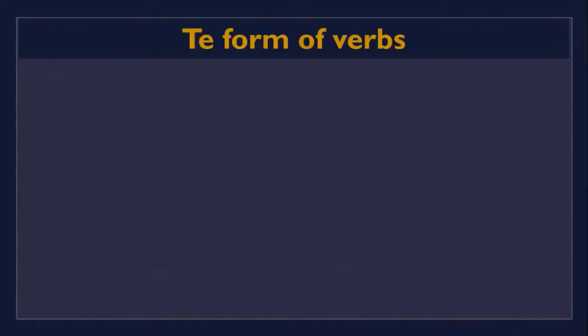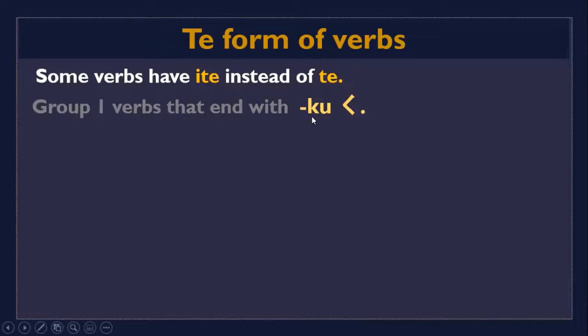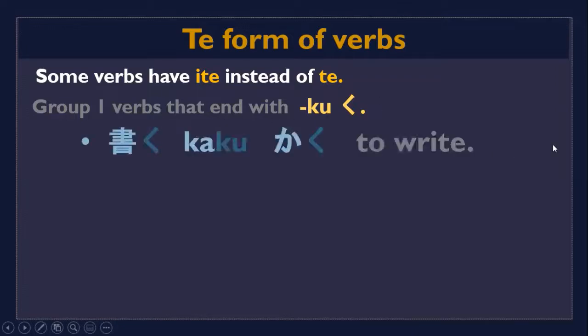Now let us look at the group 1 verbs. There are so many different endings. So some verbs have, instead of we using te, we use ite. So what kind of verbs take ite? Group 1 verbs that end with ku. Now let us look at, for example, to write is kaku.